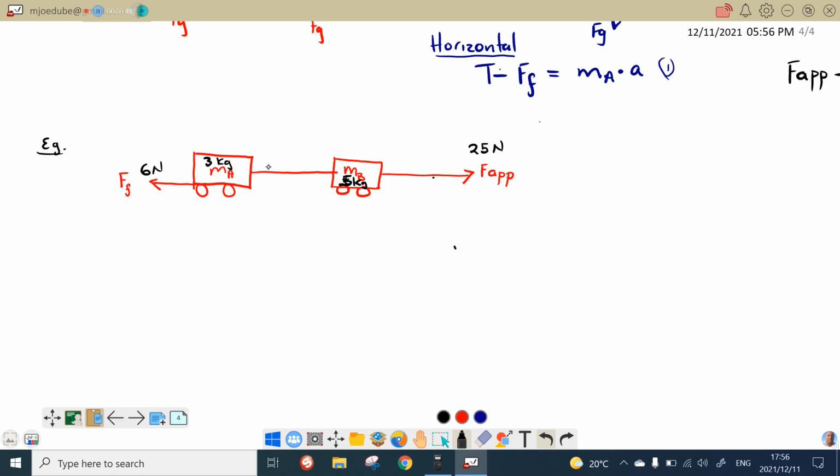You are required to calculate the tension and the acceleration of the system.